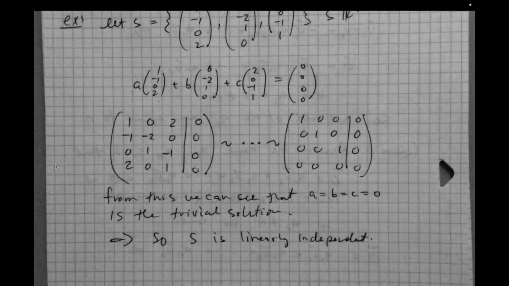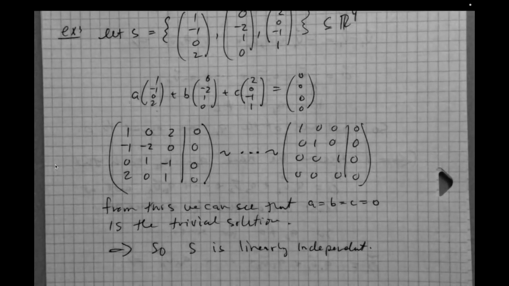Right, that's kind of what that last theorem boils down to. It boils down to looking at the solution space to a particular homogeneous system. And that's the best method that we have for testing for independence.